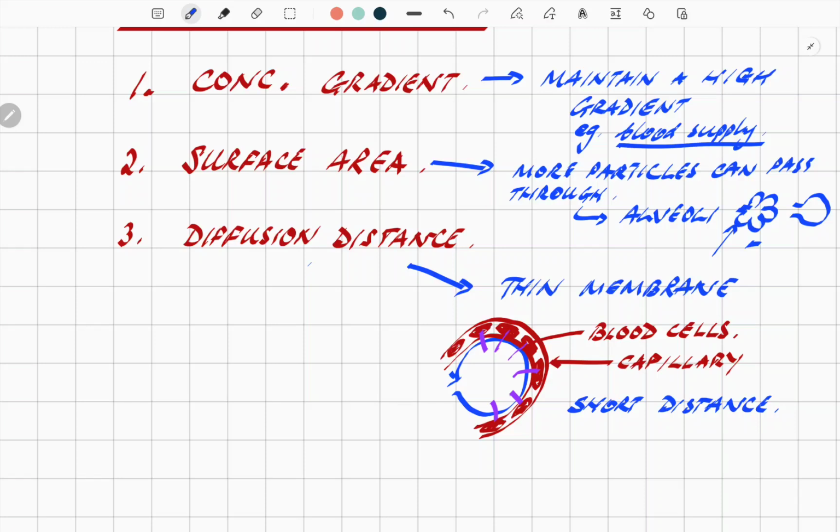All right. So all of those three factors that we've talked about, they improve the rate of diffusion. So they increase the efficiency of diffusion of substances. And all of this is relevant to stuff that you're going to be doing in animals, plants, and other organisms.